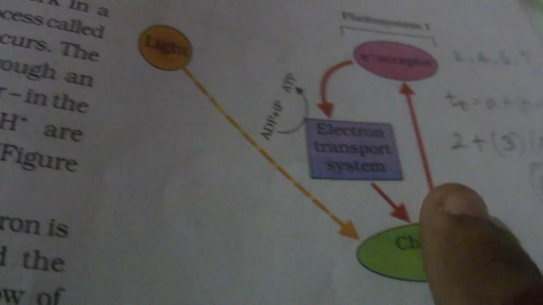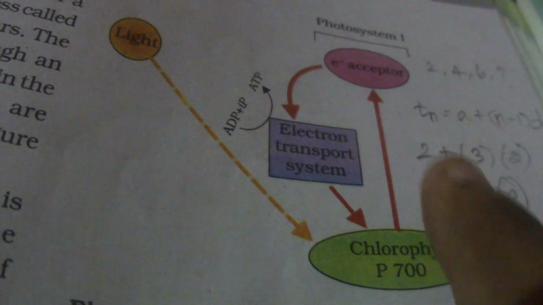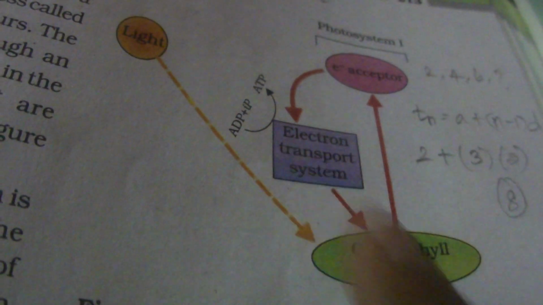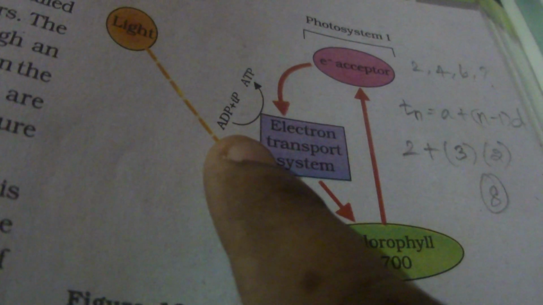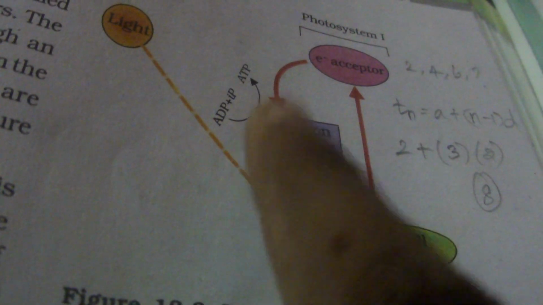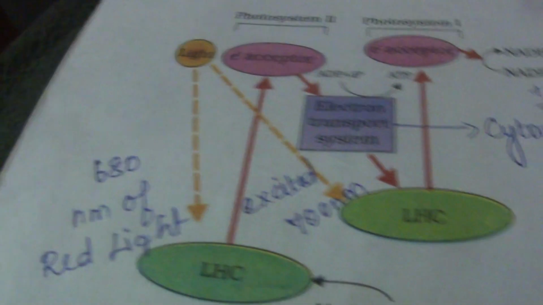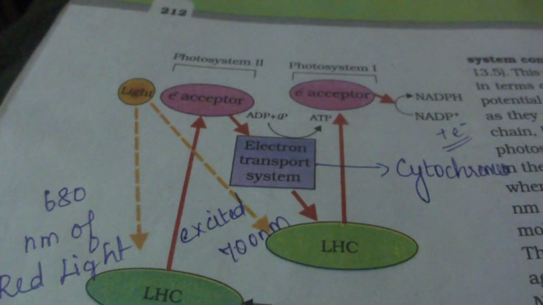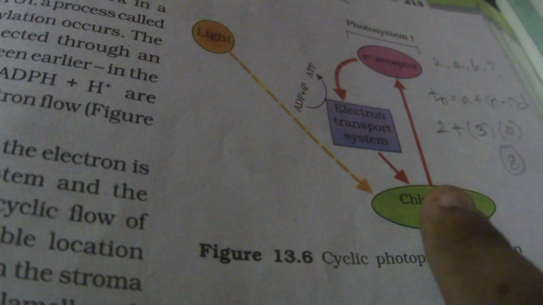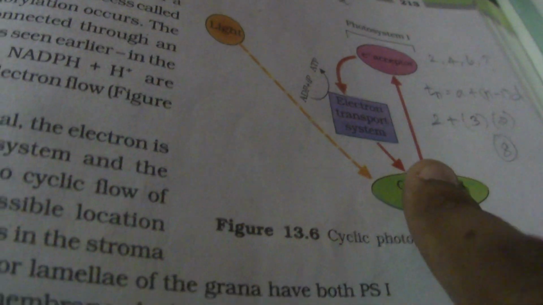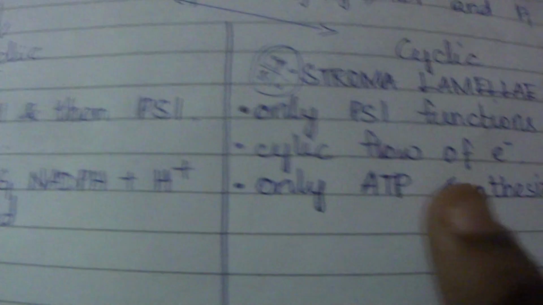But as there is no PS2 and no NADP reductase enzyme, the electron acceptor just gives the electrons back to the electron transport system and they come back to chlorophyll P700. But here the ADP to ATP process occurs. So here ATP production alone is taking place, whereas in the other case ATP and NADPH are both produced. And why is NADPH not produced here? Because of lack of PS2 and lack of NADP reductase enzyme.